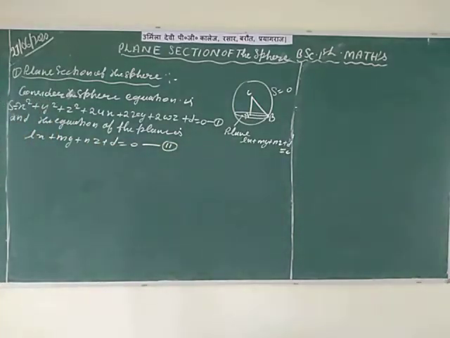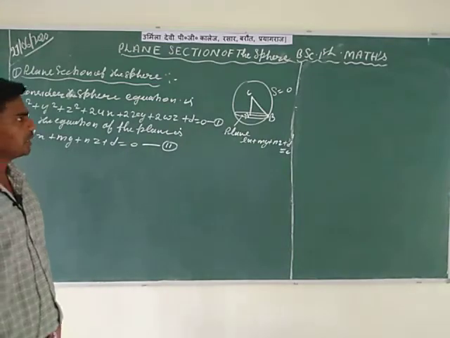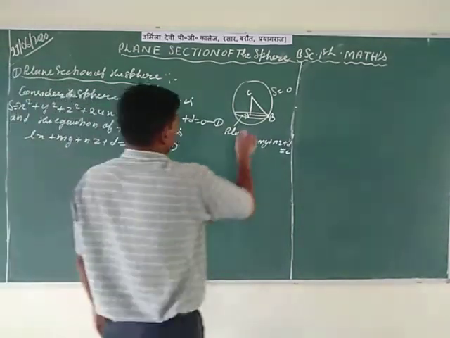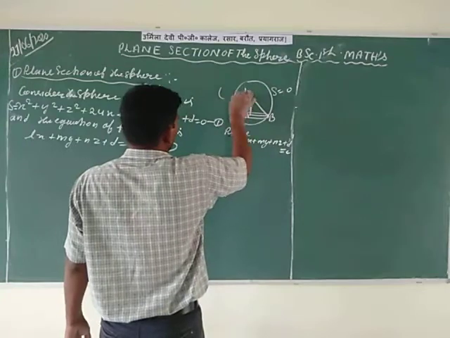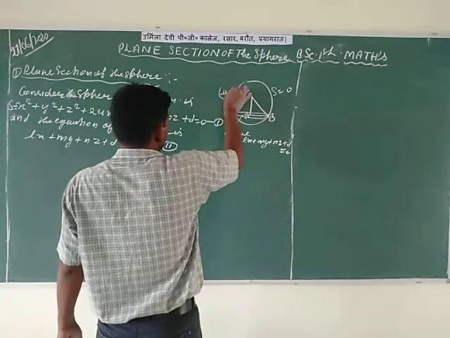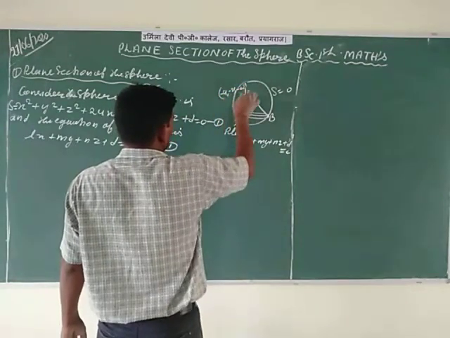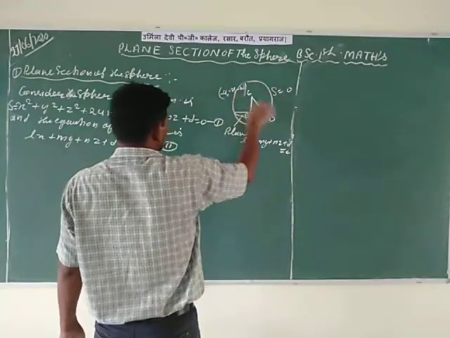In this figure, we draw a perpendicular line from the center. From the first equation, the center coordinates of the sphere are minus u, minus v and minus w.